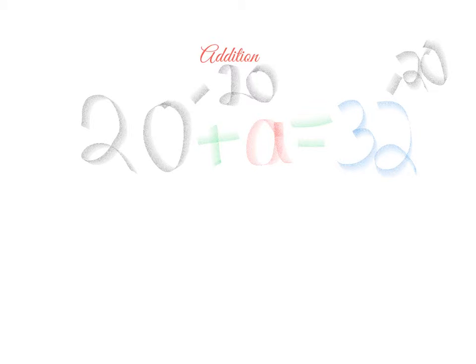And for that, we get A equals 12, because 12 plus 20 equals 32. Let's try subtraction now.